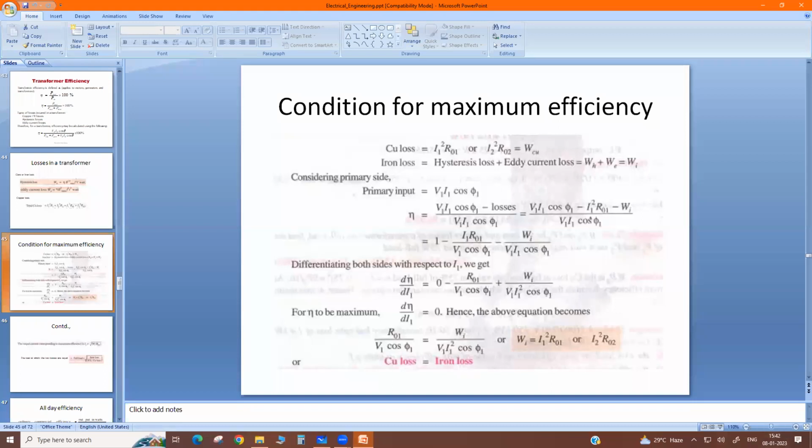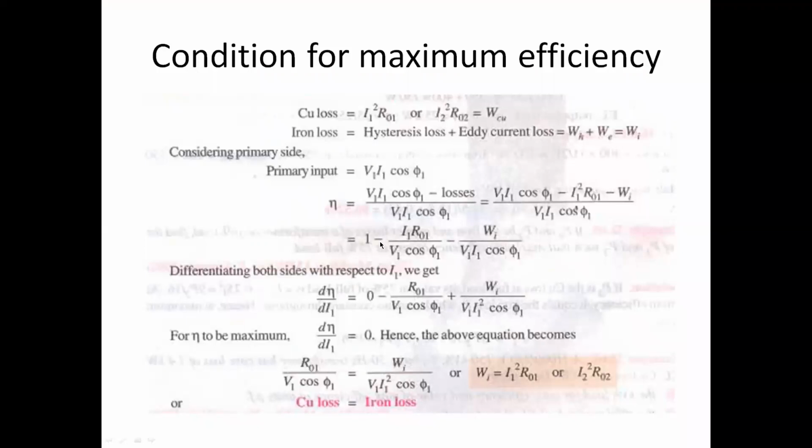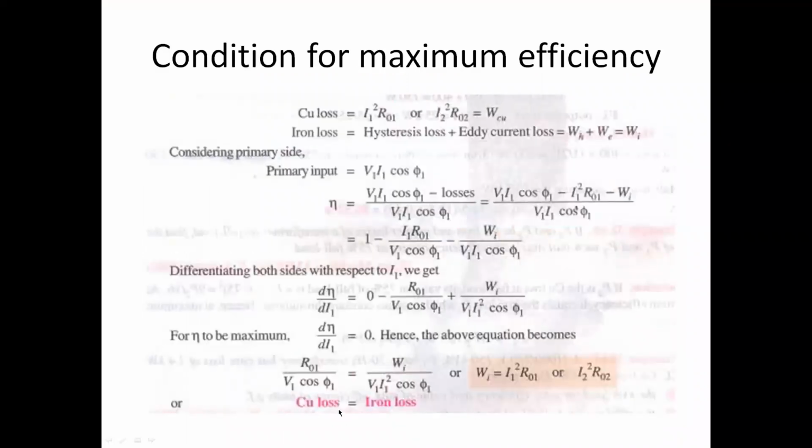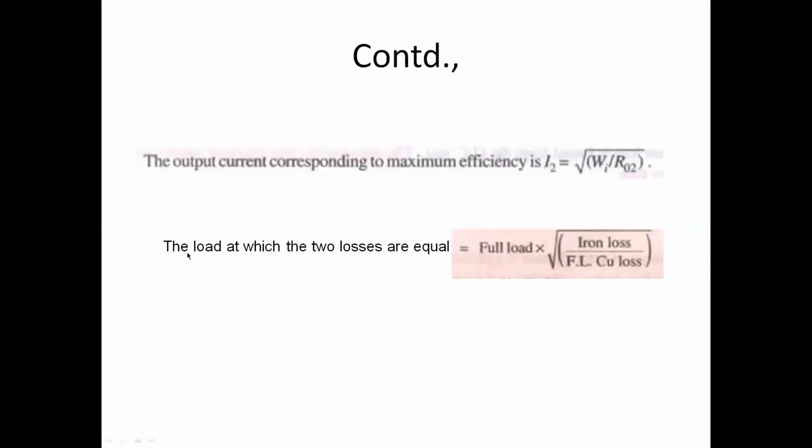Here, he does it by the primary side, but we have considered the secondary side also. This condition you remember: copper loss equals iron loss. As I told you, the load at which the two losses are equal gives maximum efficiency.